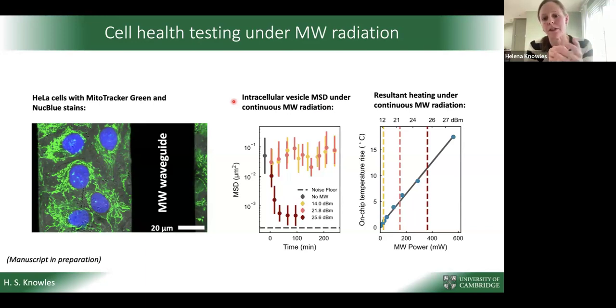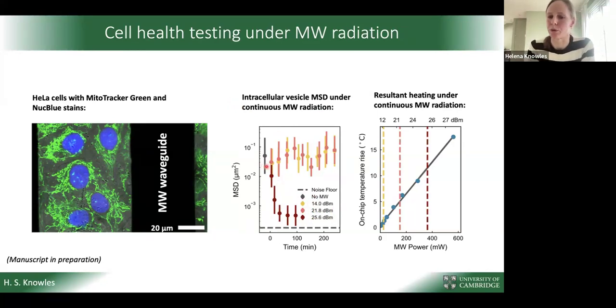So that's quite a good signature for how happy and healthy the cells are. And you can see here we've got traces over time with no microwaves, which is our control. And then we start increasing the power, so 14 dBm, 21, etc. And then at some point we get beyond the threshold where you can see that this MSD plummets and the cell dies.